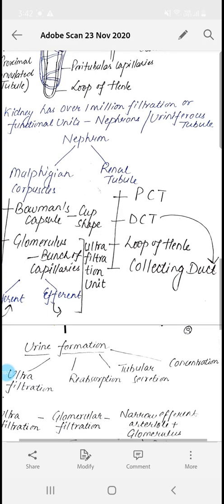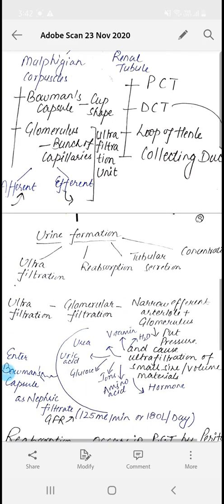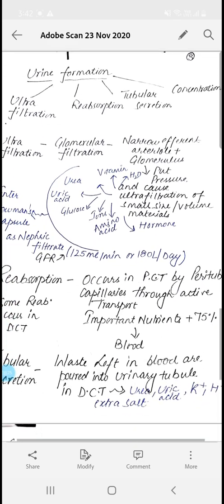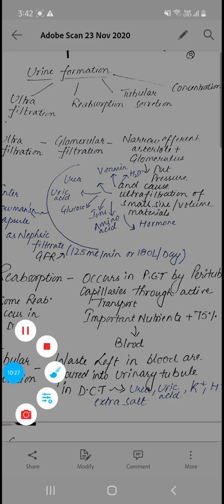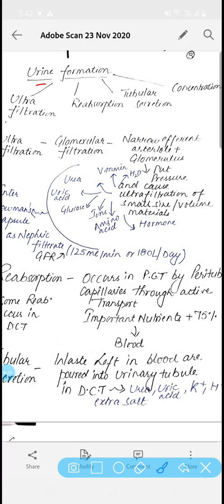Now the next point that we will study is the urine formation process. Again, an important part for your exam. What are the different steps of urine formation? Urine formation includes four major steps: ultrafiltration, reabsorption, tubular secretion and concentration.